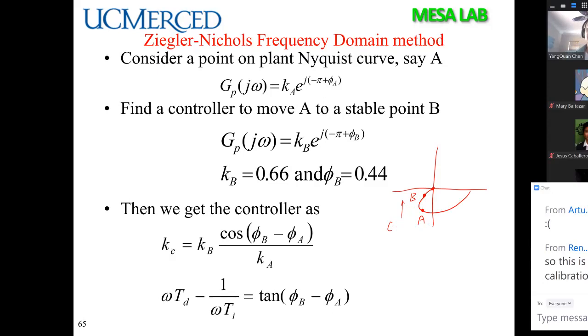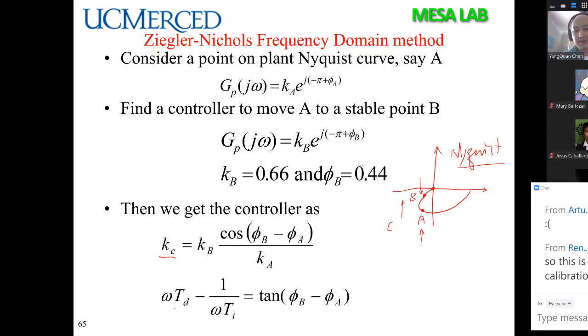From the specification, usually it's difficult for you to specify what is your B, what is your A in a Nyquist plot, okay? But this is in the textbook, people discuss this. So then you can compute what is your KC, what is your controller, okay?